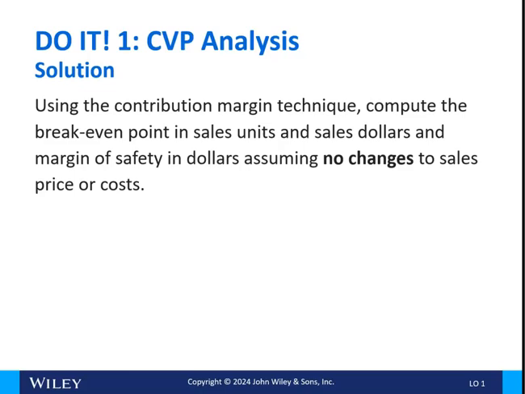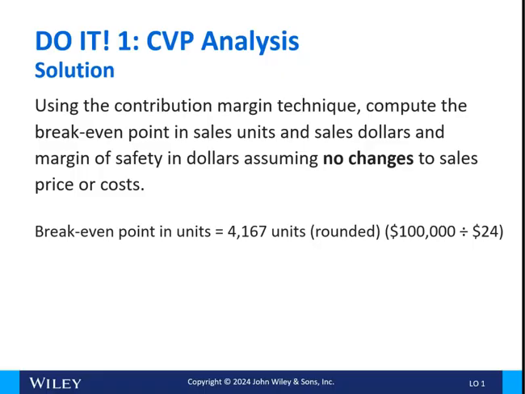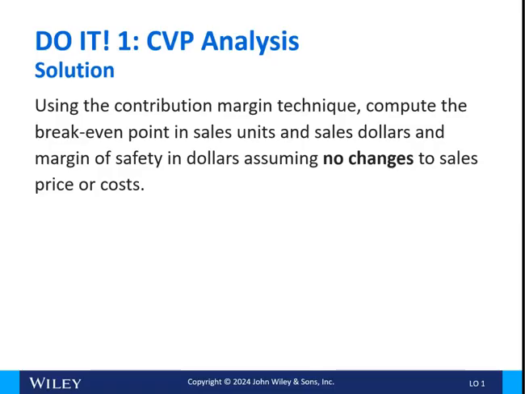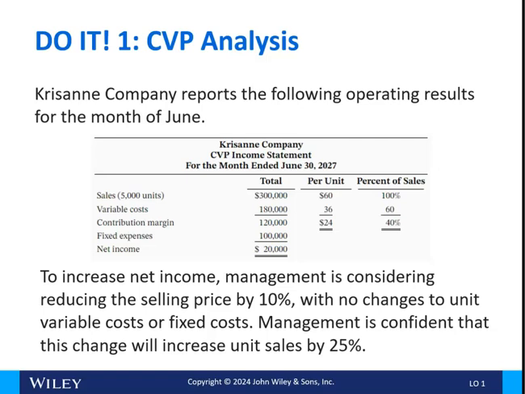Okay, so reducing selling price by 10%, increasing unit sales by 25%. Using the contribution margin technique, compute the break-even point in sales units and sales dollars and margin of safety dollars, assuming no changes to sales price or costs. So our break-even point is 4,167 units, which is $100,000 of fixed costs divided by $24 of contribution margin per unit. So that's existing. If we go back here, that's how we calculated that $24 per unit contribution margin and fixed expenses of $100,000.